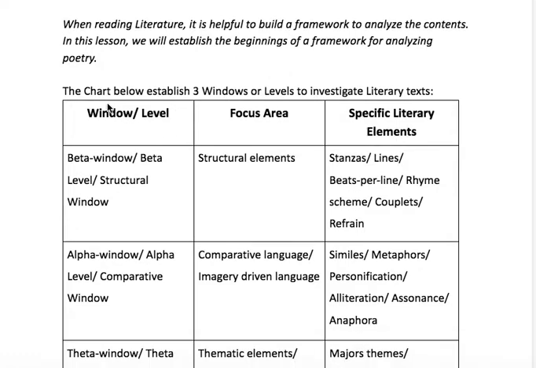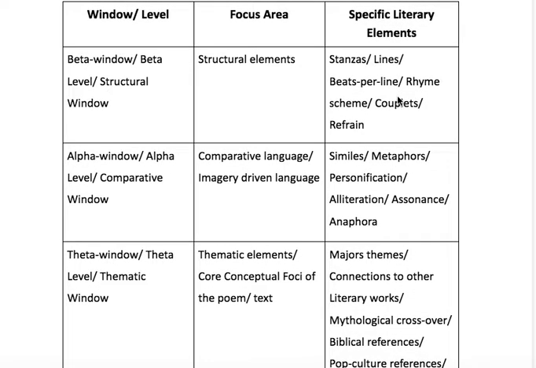Okay, so the chart below establishes three windows or three levels to investigate literary text. So if we move on, we can take a look at this first column. These are the three different focal areas, where we're kind of separating literature.